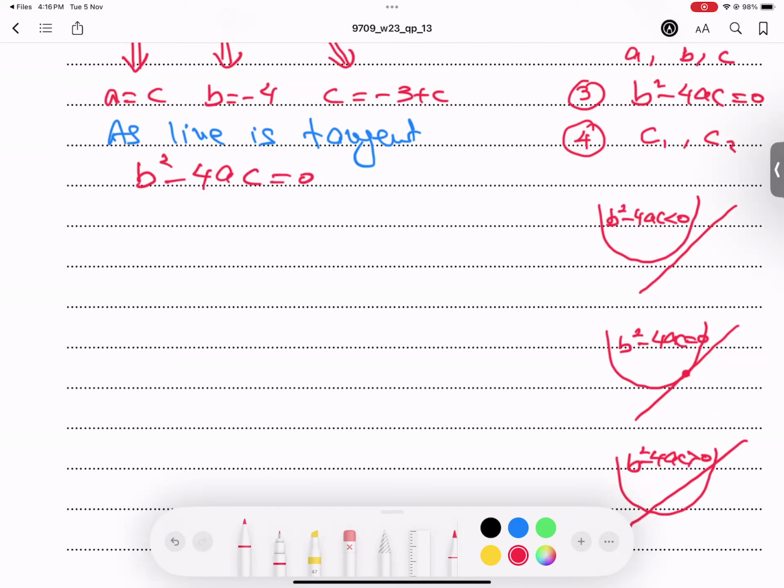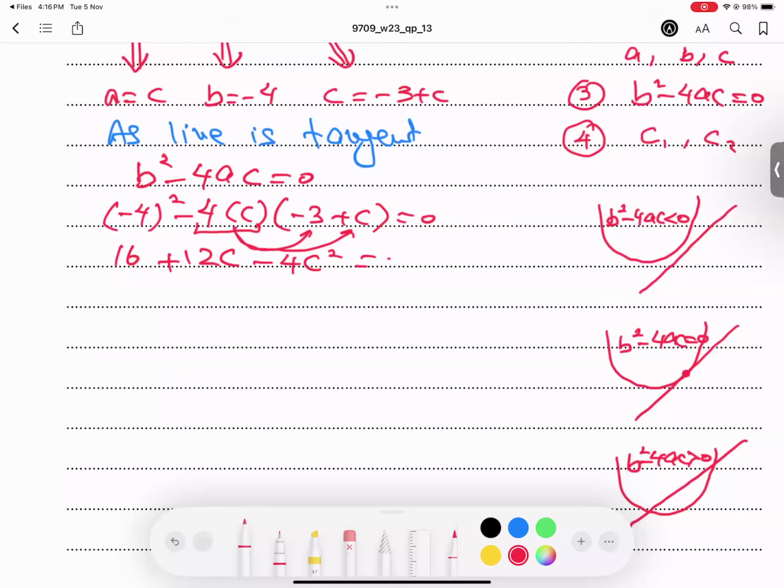So when I plug in the values, b is negative 4, a value is c, and the c value is this: negative 3 plus c is equal to 0. 16, make sure the negative 4c is multiplied inside. Minus minus plus, 4 times 3 is 12c. And same process here, negative times positive is negative, and 4c squared.